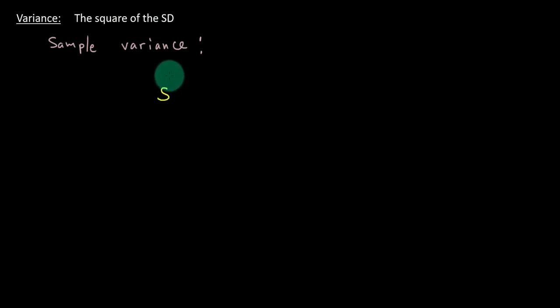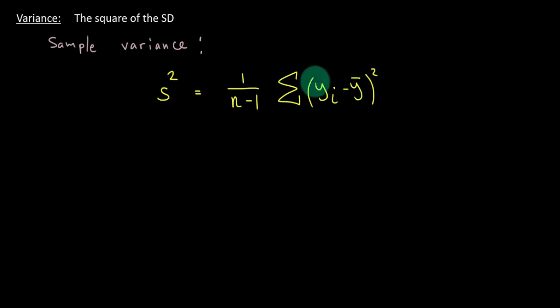So it is denoted by s squared, and I'm going to start writing this formula that hopefully looks familiar. I've got the sum of squares divided by n minus 1, but I am not going to put the square root symbol here because the square and the square root would cancel each other out.